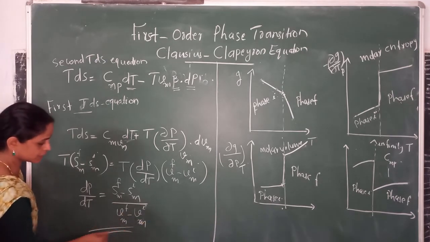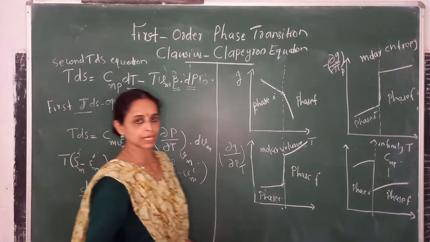So this equation is known as the Clausius-Clapeyron relation.